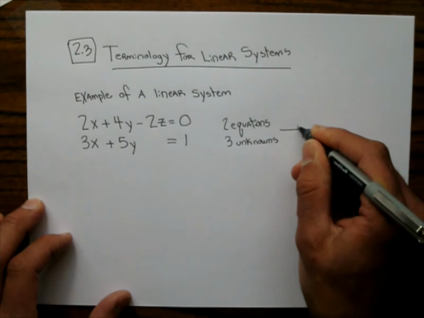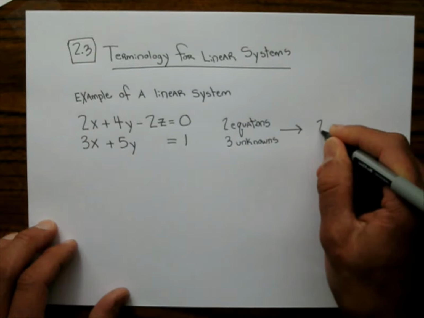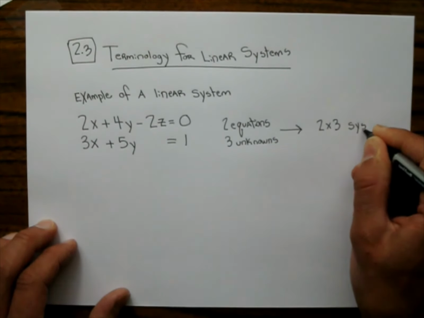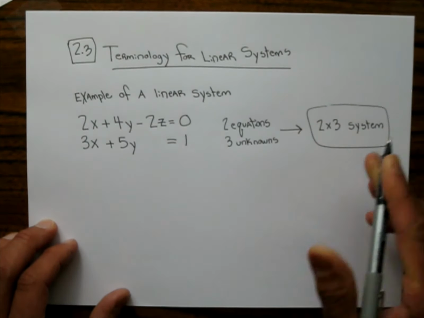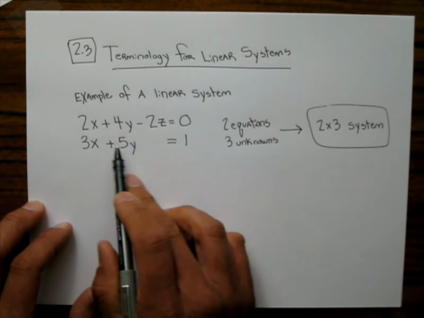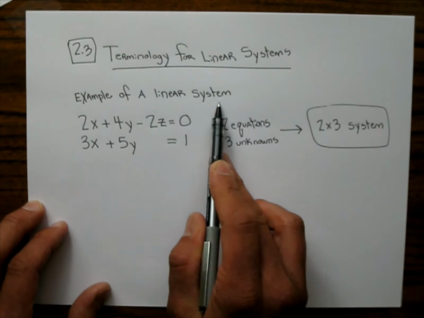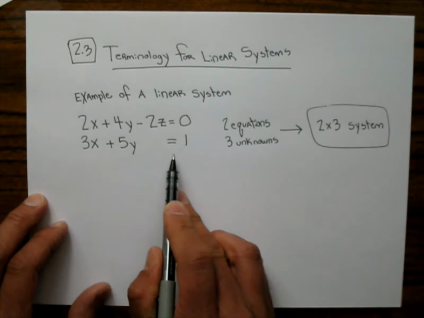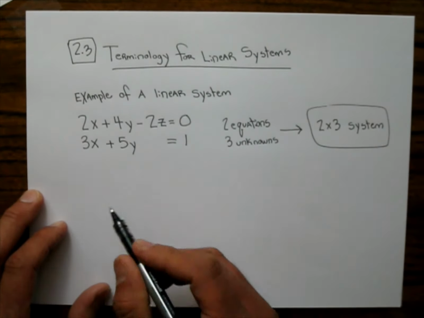This gives us something known as a 2 by 3 system, where the 2 represents the equations and the 3 represents the variables. We have these 2 equations, and this makes a system. These equations happen to be in 3 space. You can think of these as equations of planes.